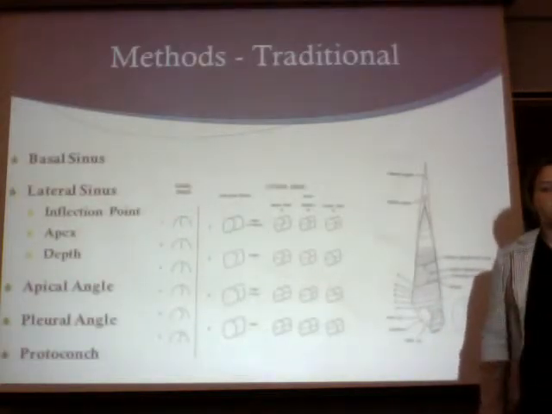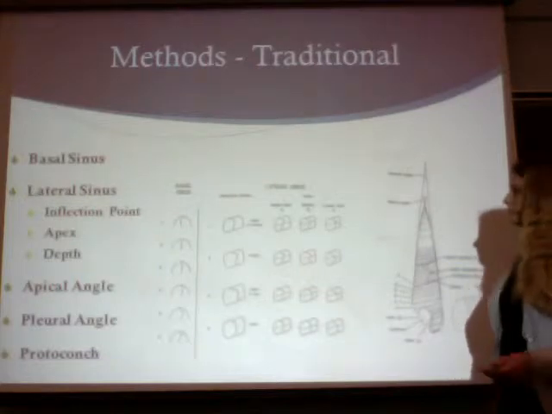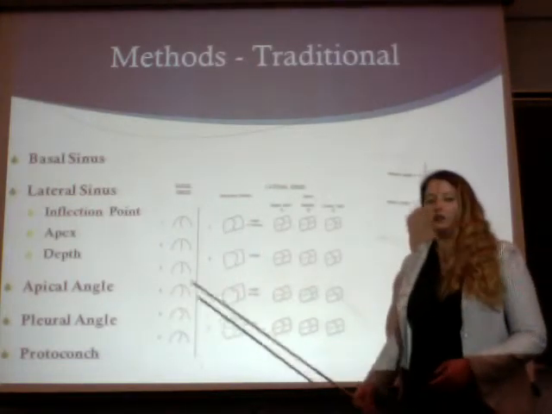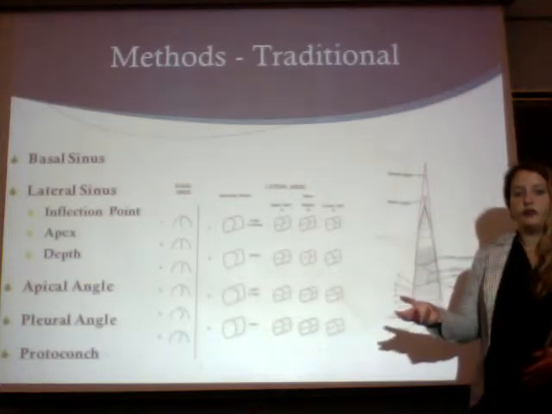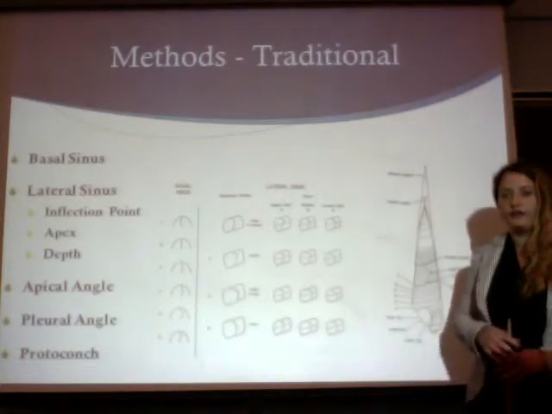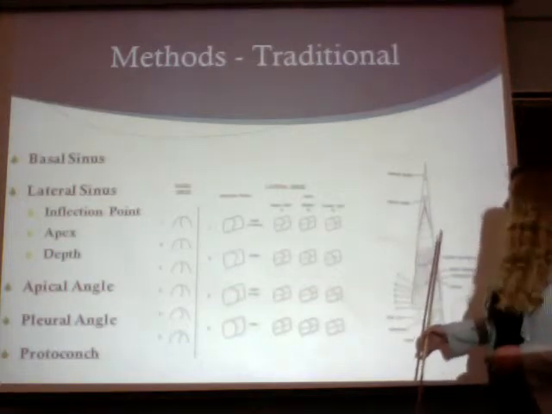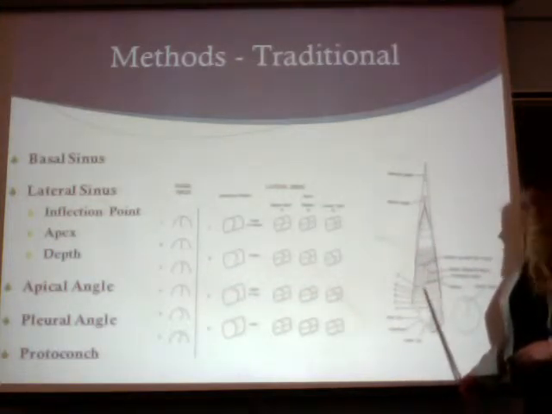So the traditional characters that I looked at were the basal sinus, which is at the bottom of the shell when you look at it from the bottom, and the lateral sinus, which is on the side of the shell here.